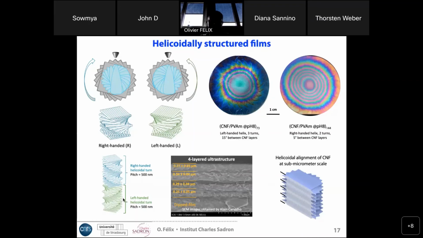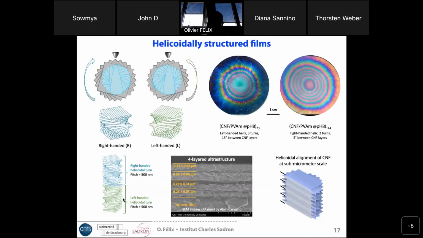And this is due to the fact that when you are breaking your film, you will break selectively where your helices arrive nicely. Okay, this is indirect proof of our helices.